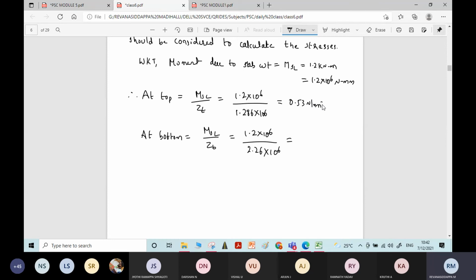What is the nature of stress? Compression or tension? Compression. Yes, it will be compression. And 0.93 Newton per mm square, tension.